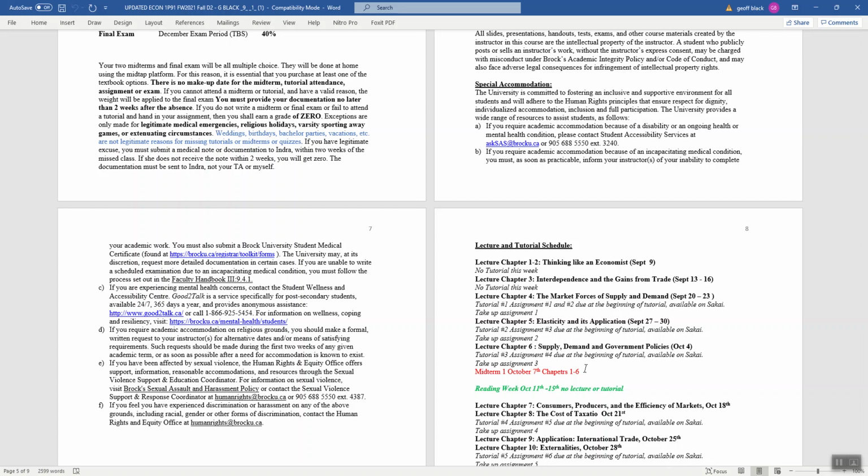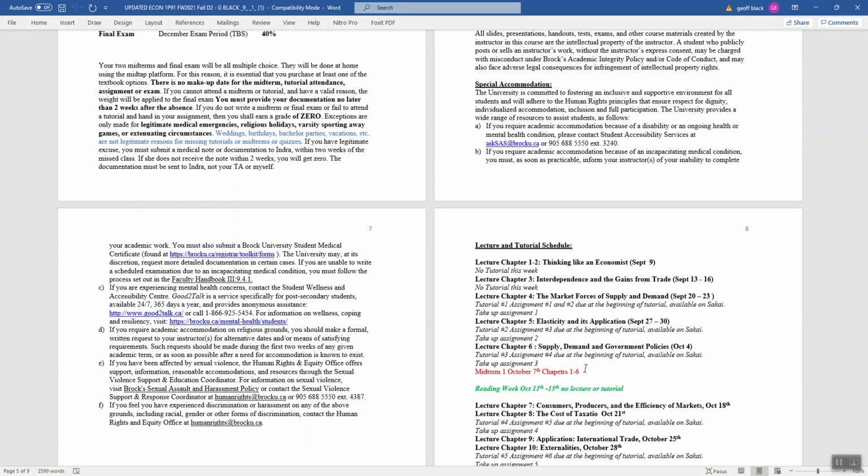Okay, and that requires you to buy one option of the textbook. Again, it's your preference if you just want the digital, if you want the hardcover, the loose leaflet, whatever your preference. Either way, you'll get a course code once you make the purchase, and that will enable you to register an account with MindTap.